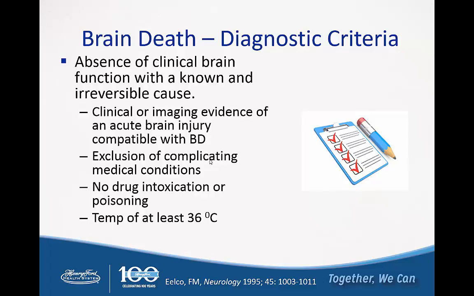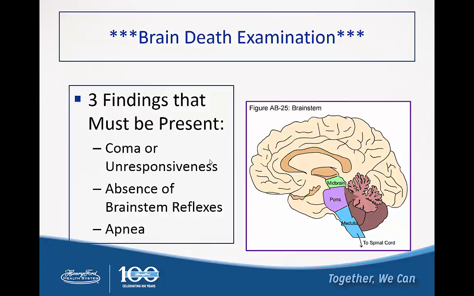You should have imaging and clinical exam that are compatible with this diagnosis before you proceed. And then we need to exclude any complicating medical conditions, and any drug intoxications or poisonings. And then the body temperature, like I mentioned earlier, needs to be at least 36 degrees.